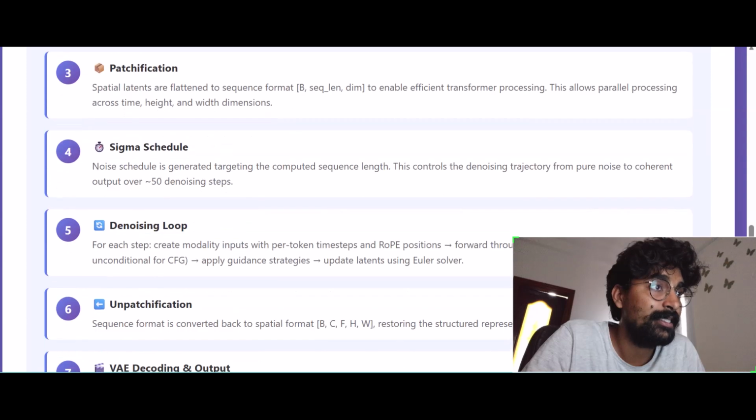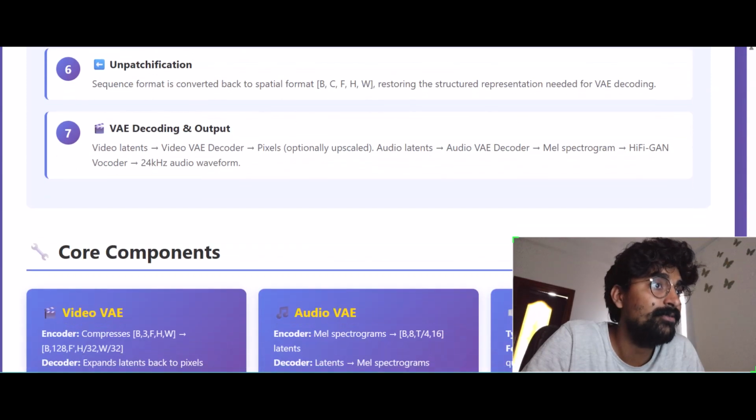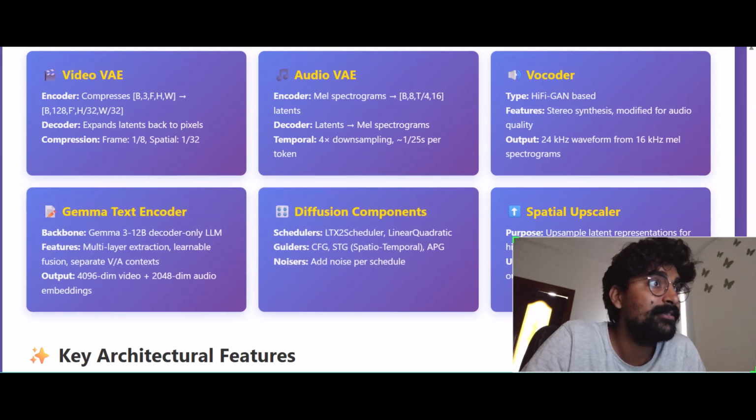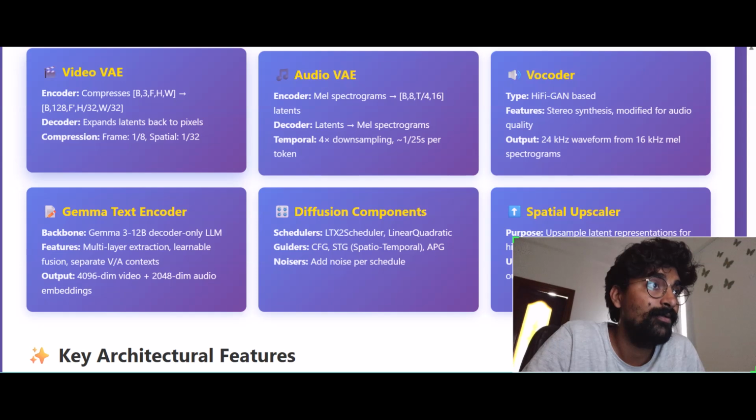So that is about the architecture. I explained all these components also, so I will just repeat the core components. Video VAE encoder and decoder: the encoder compresses batch, 3 channels, frame, height and width into this encoded information, and the decoder decodes this information back to pixel space.